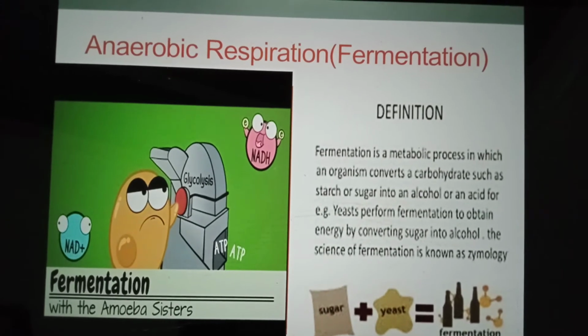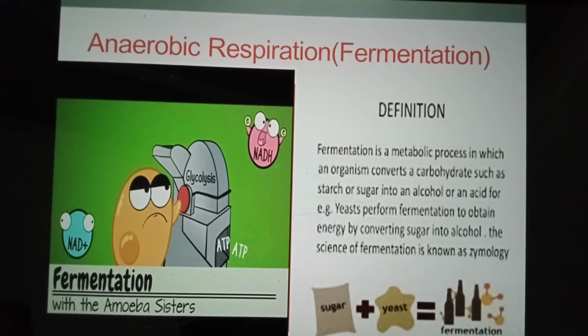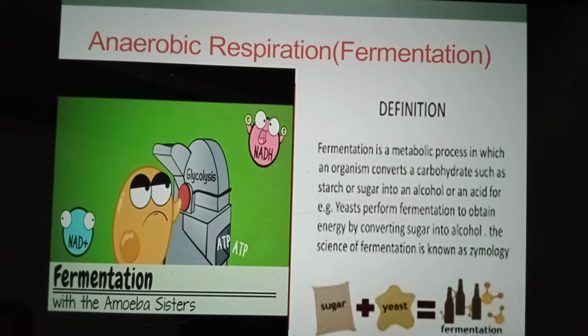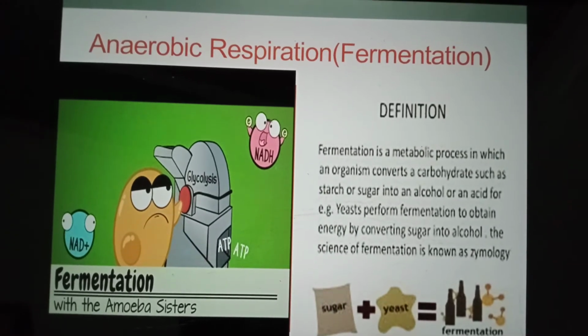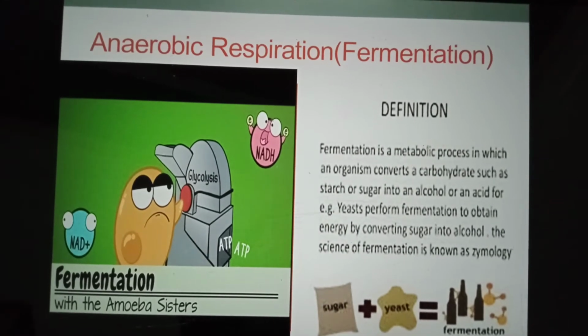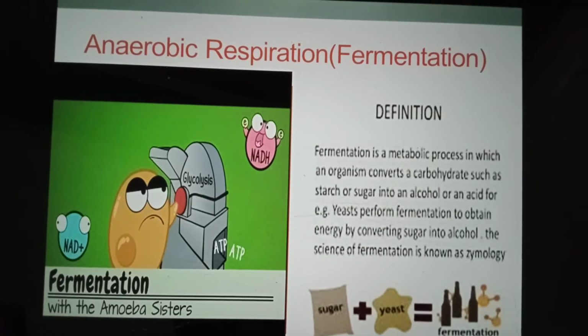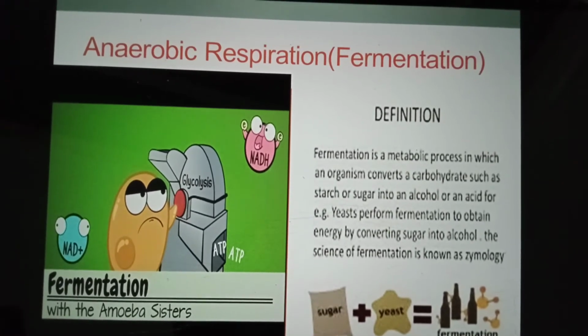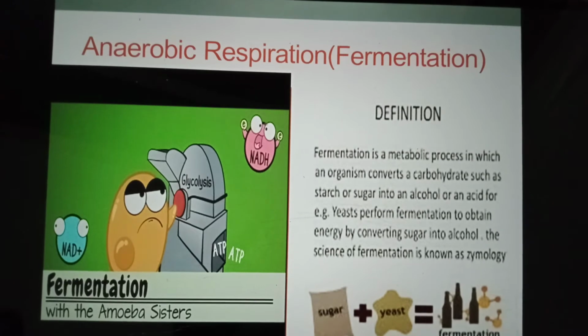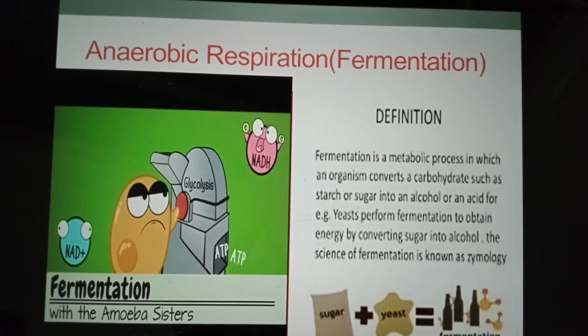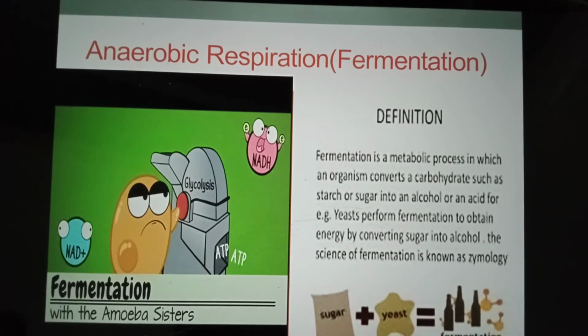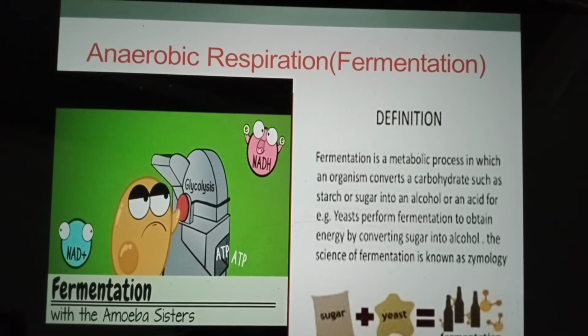In the absence of oxygen, glucose is incompletely oxidized with less energy released. In anaerobic respiration, that is fermentation, the first phase is exactly similar to that of aerobic respiration. A molecule of glucose is broken down into two molecules of pyruvic acid.